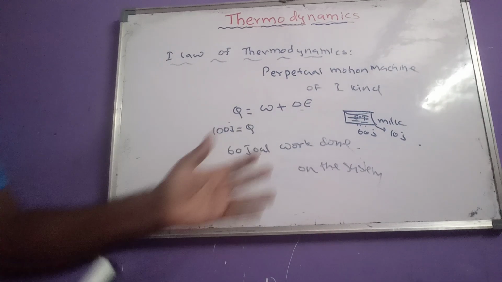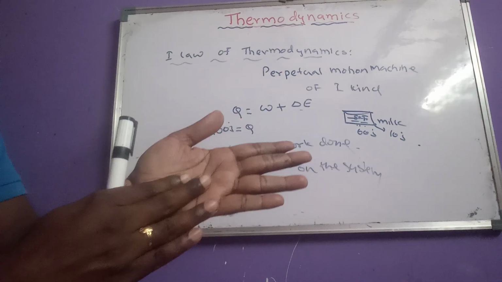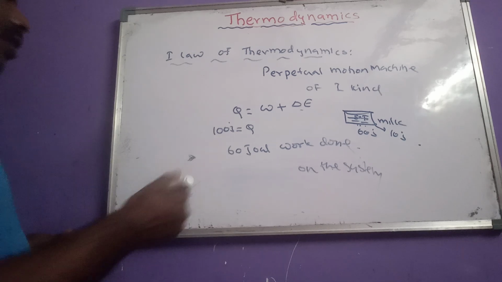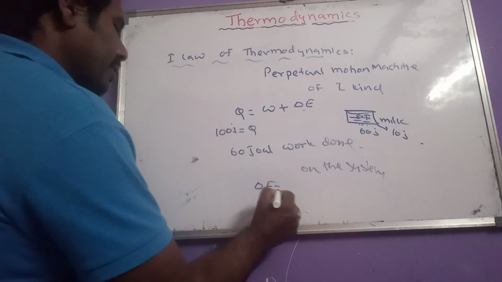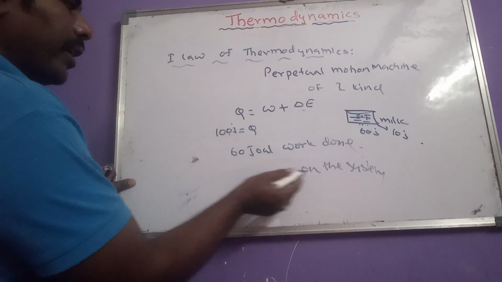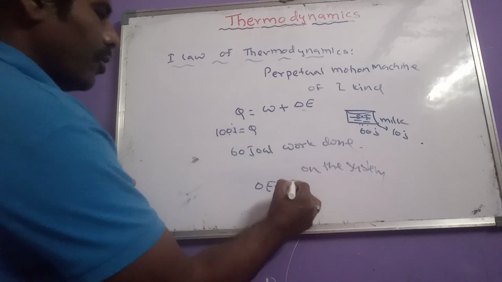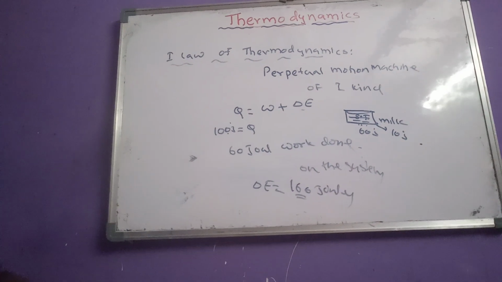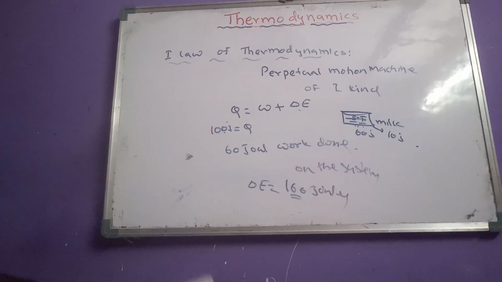But 60 joules of work done on the system means what happens? It gains that energy also. Now the change in internal energy: this 100 we have already given, and now an extra 60 joules is also added. So the change in internal energy is 160 joules. So that's it.